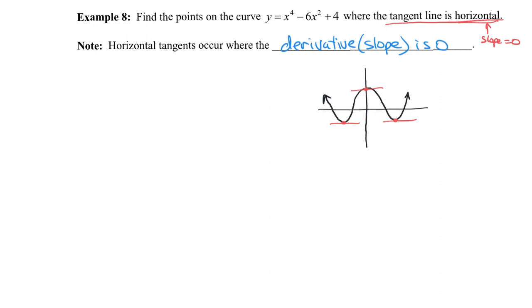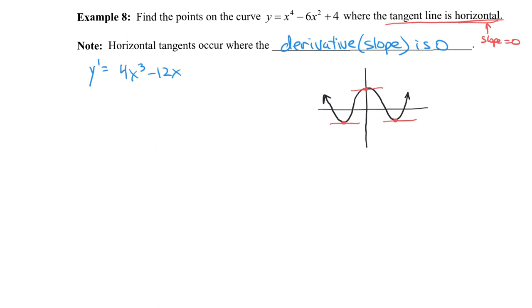So to see how that works, let's find the derivative of y. So y prime, just using the power rule here, is going to be 4x cubed minus 12x. The derivative of 4 is 0, so it's just these two terms.